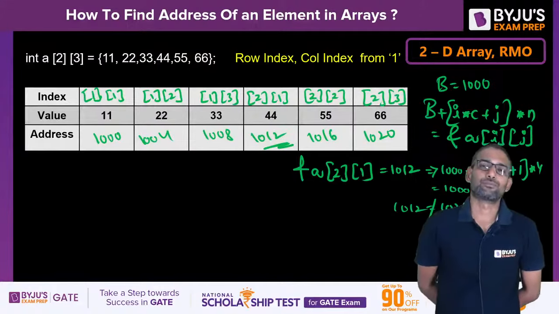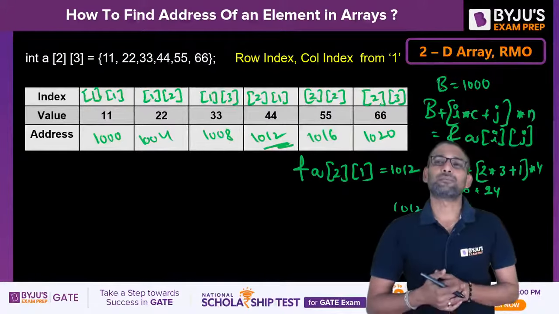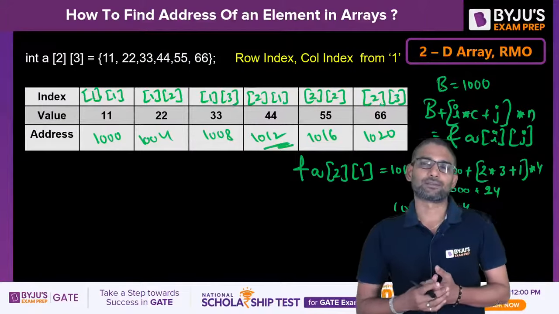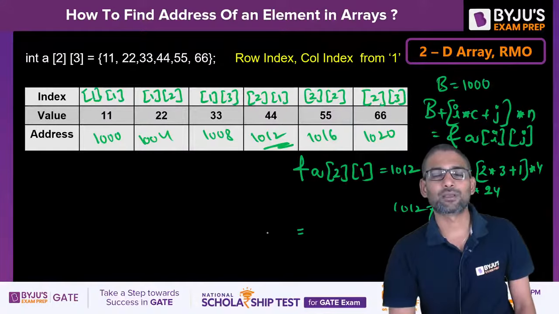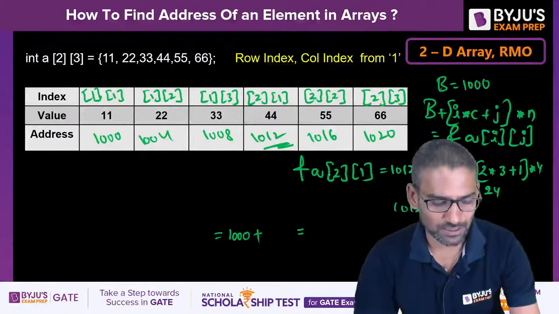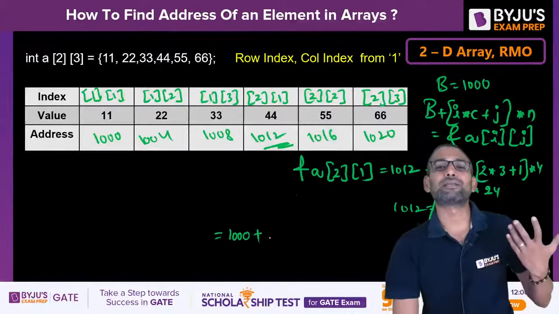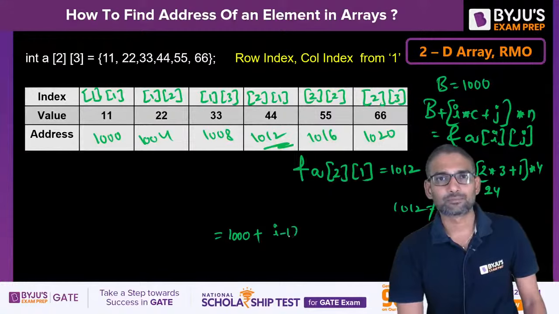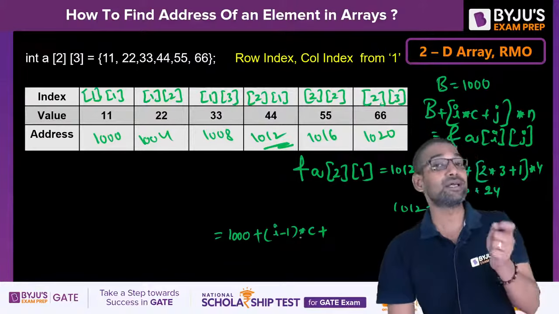No. So this formula will not work if indexing starts from 1. Instead, can I write it as 1000 plus, what is the logic we have applied for a one dimensional array? Instead of I, I have taken I minus 1, plus, as here two indices are there, I, J, row index, column index.